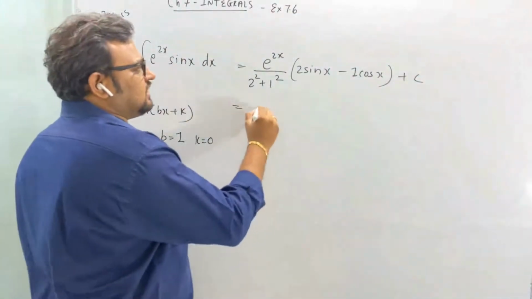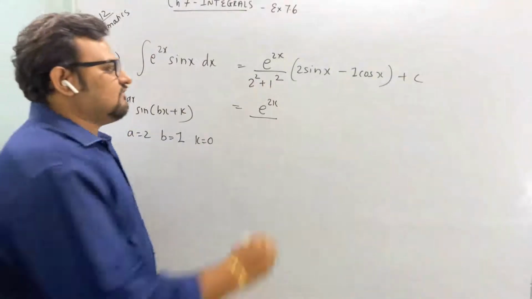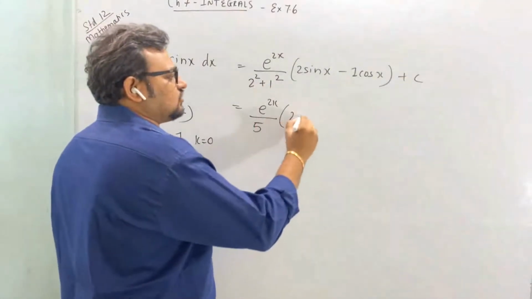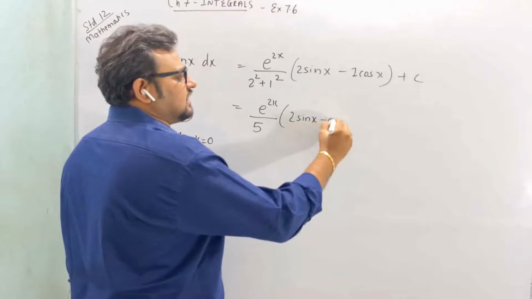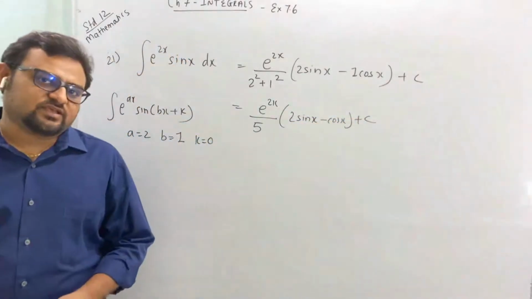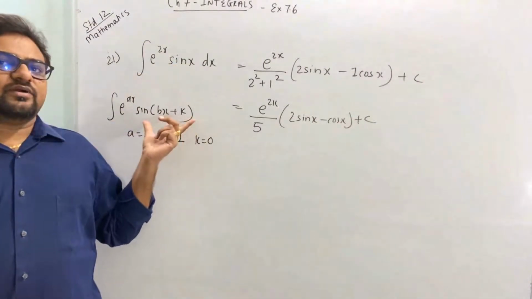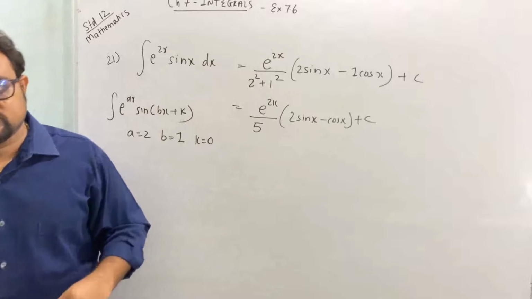Okay, so this will be e raised to 2x upon 2 square 4 plus 1, 5, into 2 sin x minus cos x plus c. Clear? We had used this formula. Remember. Okay, so just go through this question.